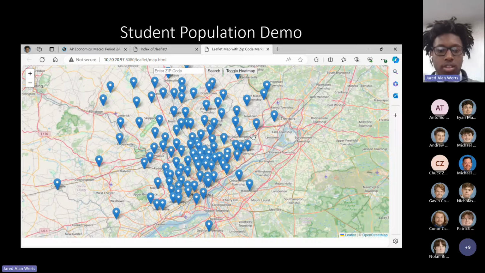Then when you click on the zip code, it provides the zip code and the number of students. I also added a search bar to make it easier to find the zip code, since there are 150-ish or so. I also added a heat map, which we'll see shortly, to visualize the concentration of the students.